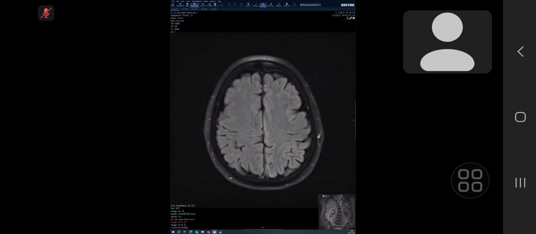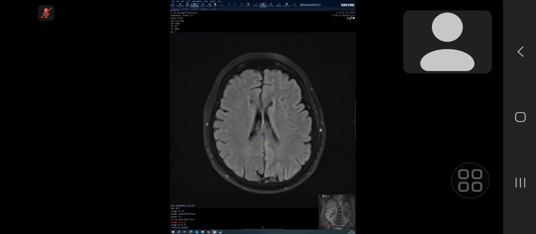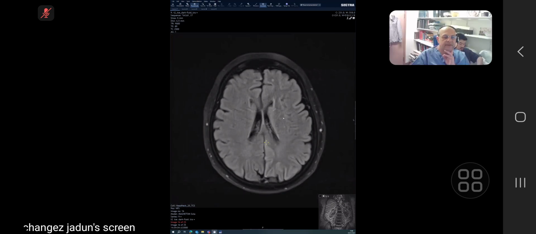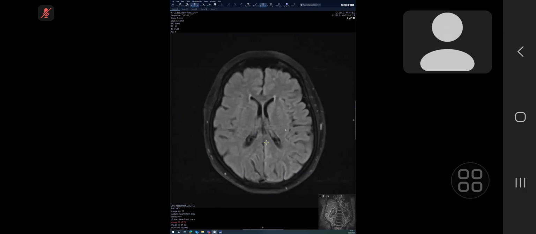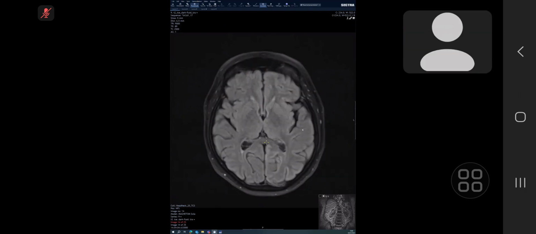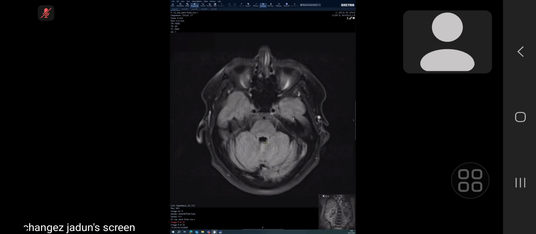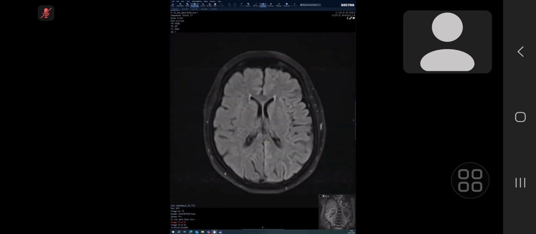There is a bit of a movement artifact, you can see lines going across. The basal ganglia are okay. There is no periventricular signal abnormality.